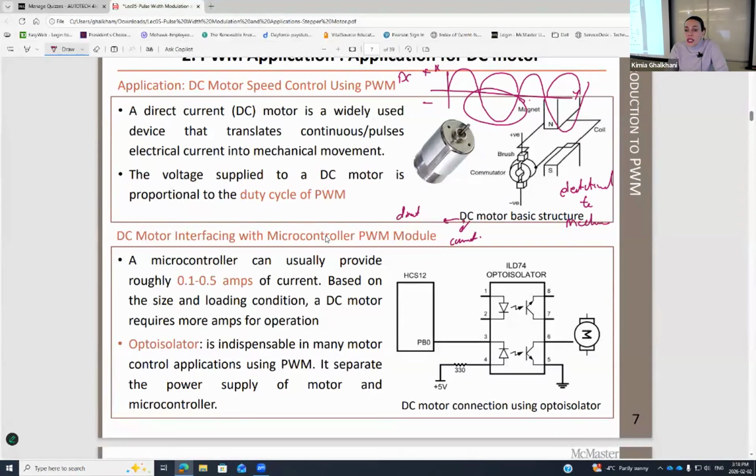How? Through this brush, commutator, coil, and magnet. I don't need to design them in this course, but in automotive engineering, if you're going to work in an automotive company, we do have one department only designing motors.